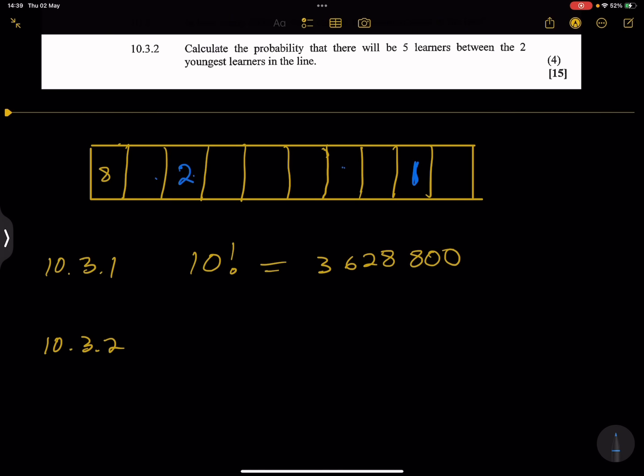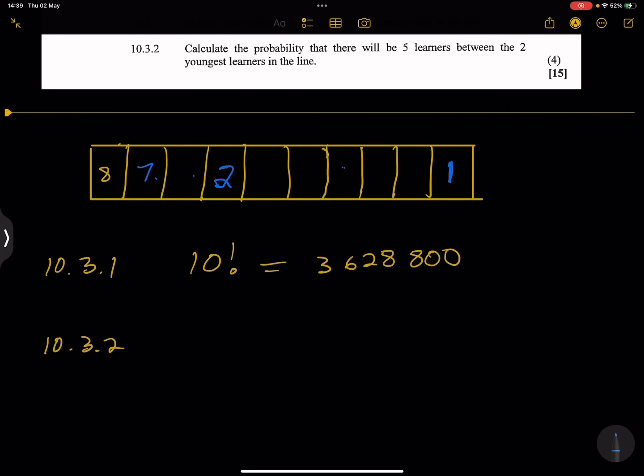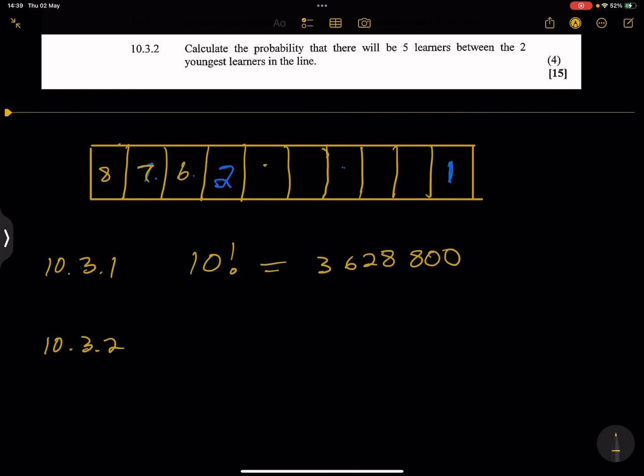So again, the factorial again. In this case, the last position that I can place them in so that there's 5 people in between is if I place the first one in position 4. That's the only way I can have 5 learners in between, right? So in that case, I've got, all right, let's use the yellow color: 8, 7, 6, 5, 4, 3, 2, and 1.